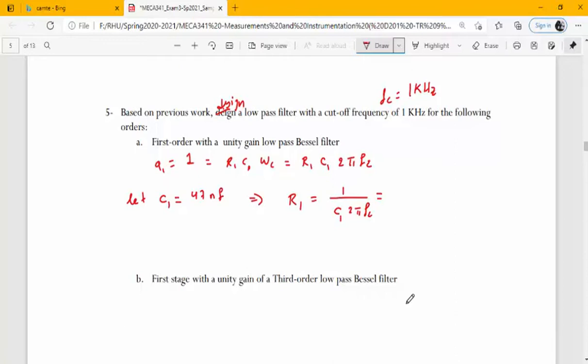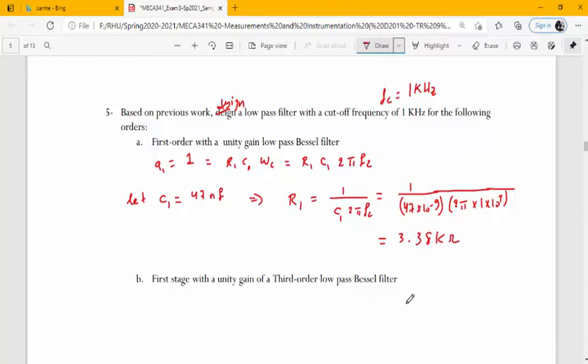This would be equal to 1 over 47 times 10 power minus 9 farad times 2 pi times 1 times 10 power 3, okay. This is equal to 3.38 kilo ohm, okay.